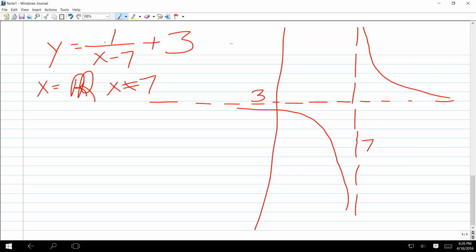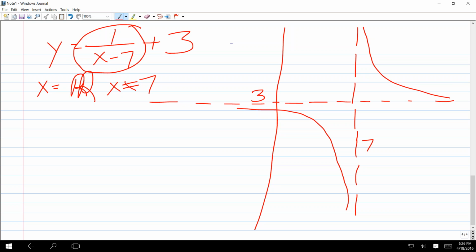The only way y could ever be 3 is if I can make that 0. Then you can't, because its numerator is 1. The only way you can make that 0 is if you have a 0 in the numerator. So it's impossible to make 1 over x minus 7 equal to 0.